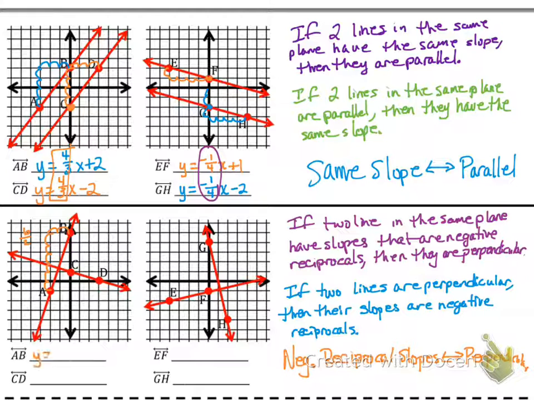So y equals 3x, and I have a y-intercept of 5, so plus 5. While line CD has a slope of down 1 to the right 1, 2, 3, so negative 1/3, so y equals negative 1/3 times x, and then my y-intercept is at positive 1.